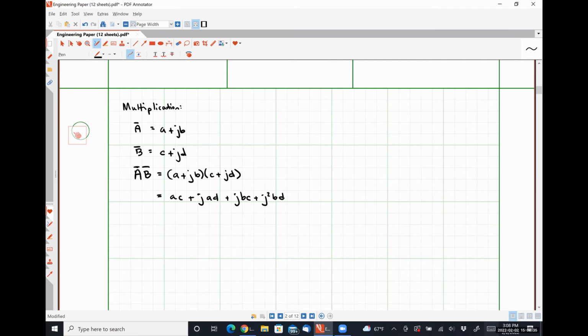Now let's take a moment to look at this term J squared, and actually other powers of J as well.